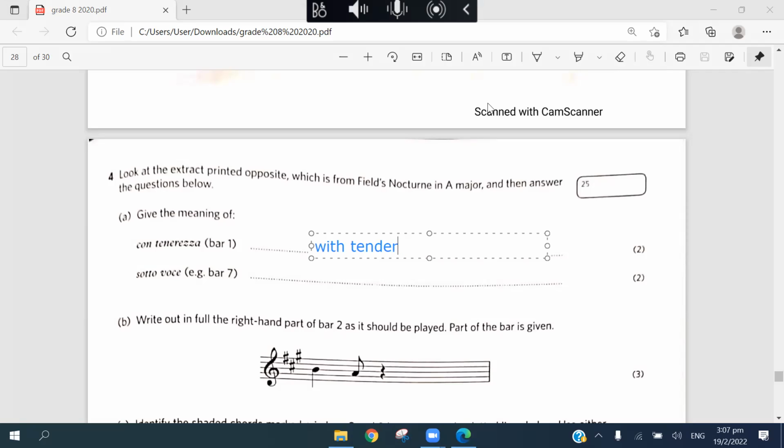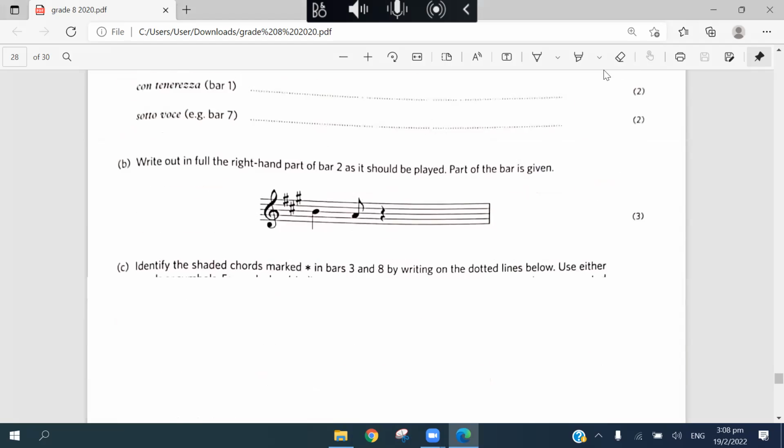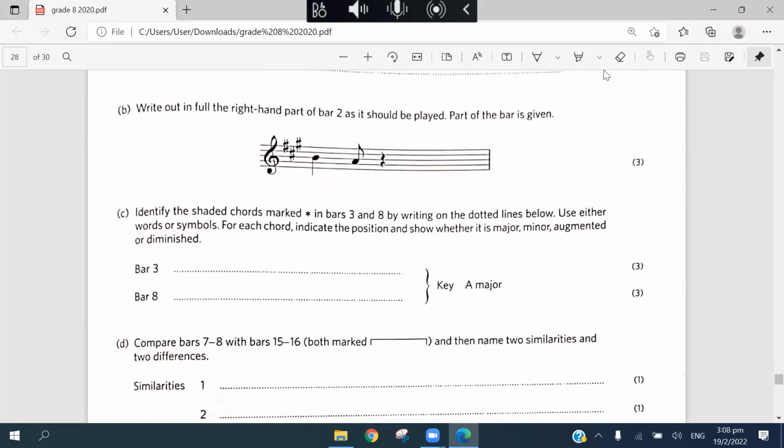Then next one, sotto voce, in an undertone. If you write under voice it is still correct. Yeah, can. So this is the answer. Then next one, bar 2 cannot teach first. Then bar 3, let's identify.